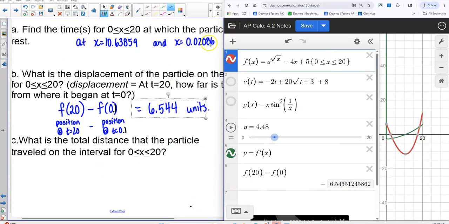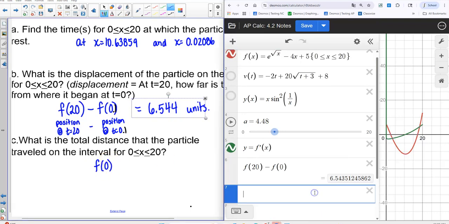Especially with this 0.02086. So in general, what you want to do here is find position at the beginning, at the end, and at any point in between where the particle stops, where the particle is at rest. So I would do f of 0.